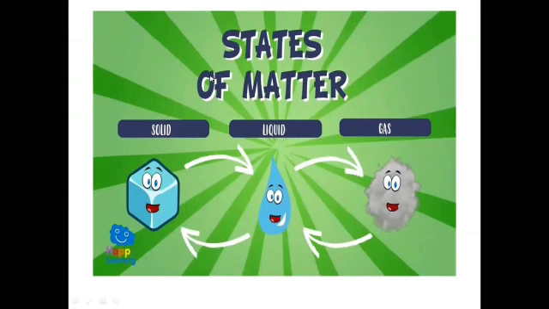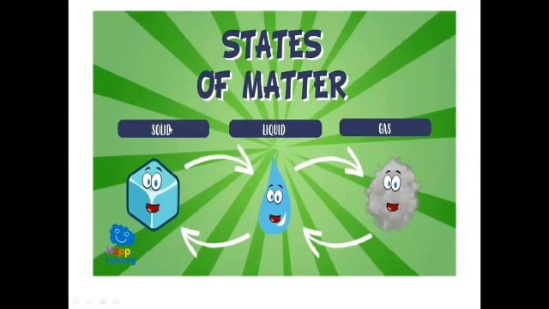If we talk of water, water can be changed into ice, which is the solid form of matter. Then liquid, like water itself, and gas, which is water vapor. So all these are the three states of water. And what are the three states of matter? Solid, liquid, and gas.